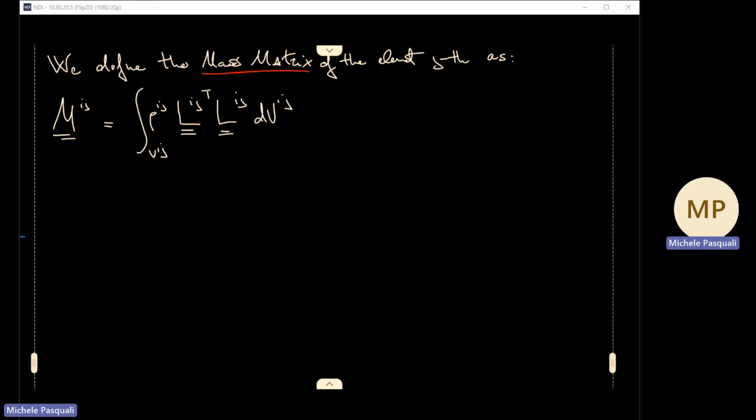And therefore, quite straightforwardly, it becomes written as such. Okay. So please note this thing, which is quite peculiar. You see here, we have a quantity which depends on the element.